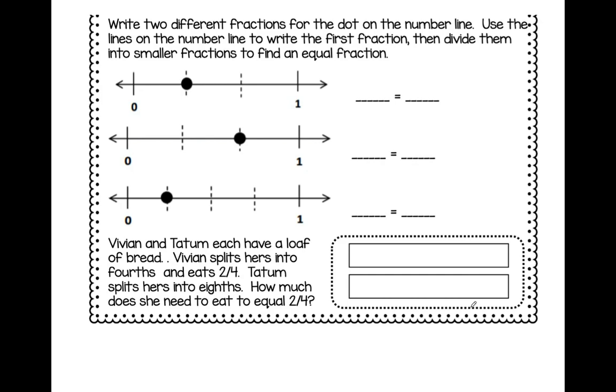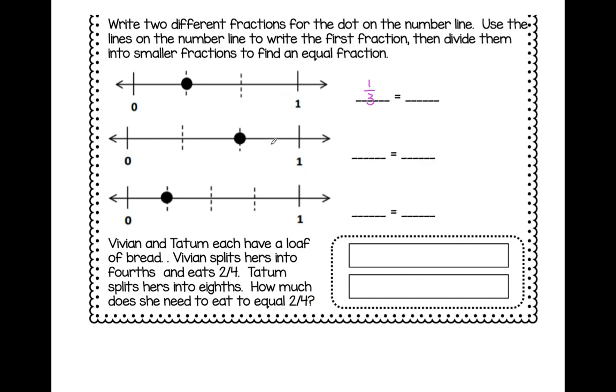Then divide them into smaller fractions to find an equal fraction. So first you need to figure out, what is this fraction that they have the dot? We can see that there are 1, 2, 3 equal parts. It is on the first line, so that means it is 1/3.